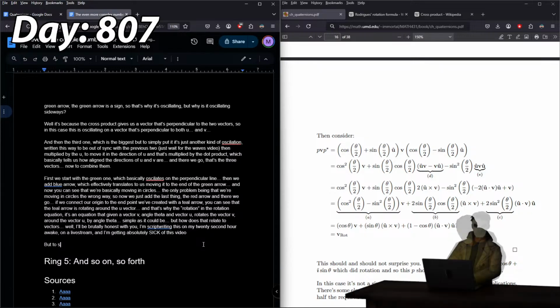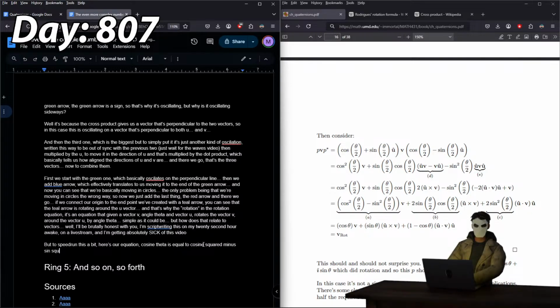But to speed run this a bit, here's our equation. Cosine of theta is equal to cosine squared minus sine squared of theta divided by 2.